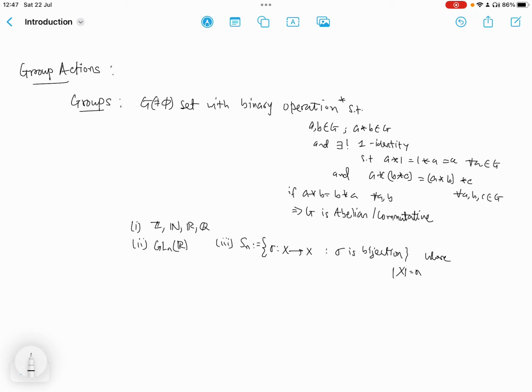So it's the set of all bijections from the set of n elements to itself, and under composition it can be seen that this forms a group, where the identity permutation, that is the permutation that fixes all the elements, that I denote by 1, will take each xi to itself. It is trivial to see why this is the identity.